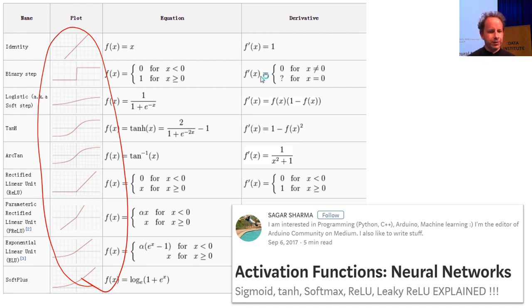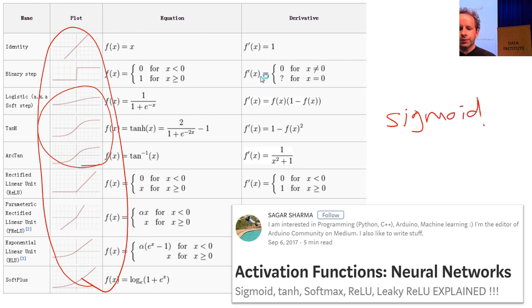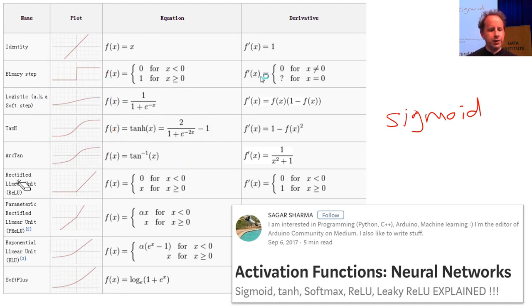In the old days, the most common function that we used to use was basically this shape. These shapes are called sigmoid. And they have particular mathematical definitions. Nowadays, we almost never use those between each matrix multiply. Nowadays, we nearly always use this one. It's called a rectified linear unit.